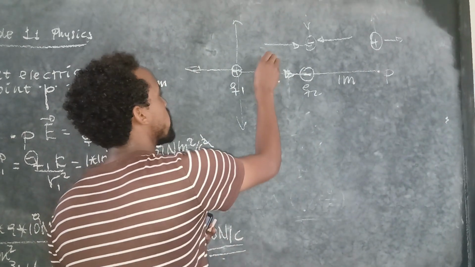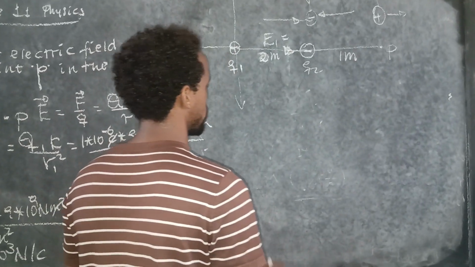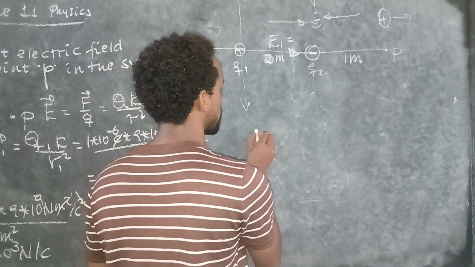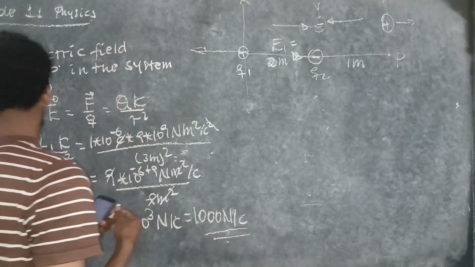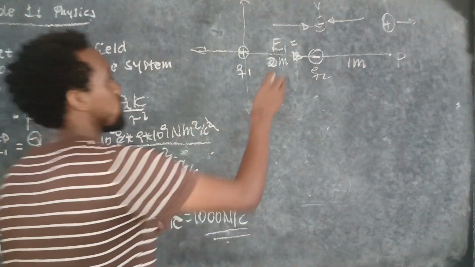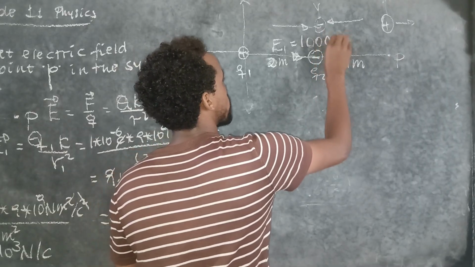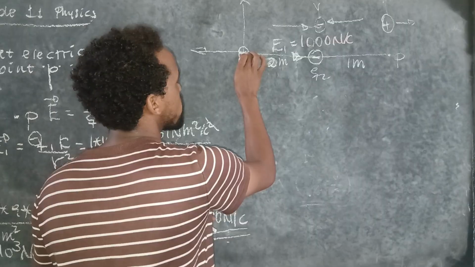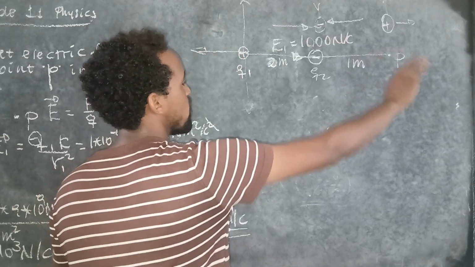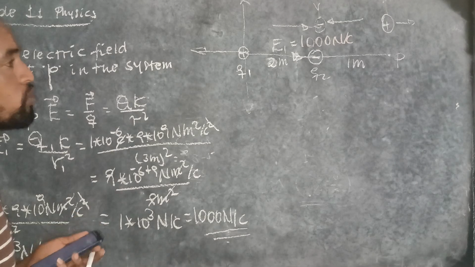So the electric field E1 is toward the x direction, which is 1 times 1000 newton per coulomb, in that direction. Why? Because the electric field from a positive charge points outward from the charge.